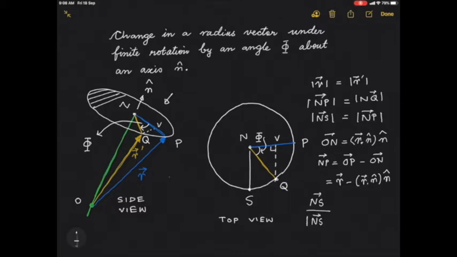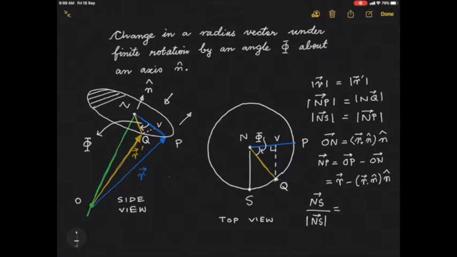Okay. What is the direction NS? The direction of NS, which I can write this way, that's the unit vector along NS. That is, you see, it's n cross r. So n is this direction along the axis, and r is the direction which is going that way.